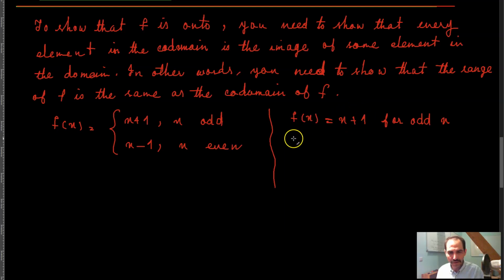So that means that here your output, f of x, is always even, right?